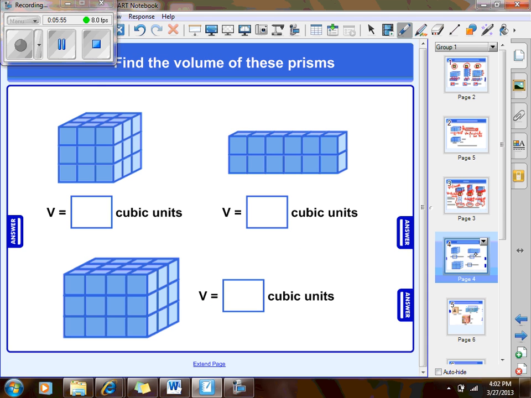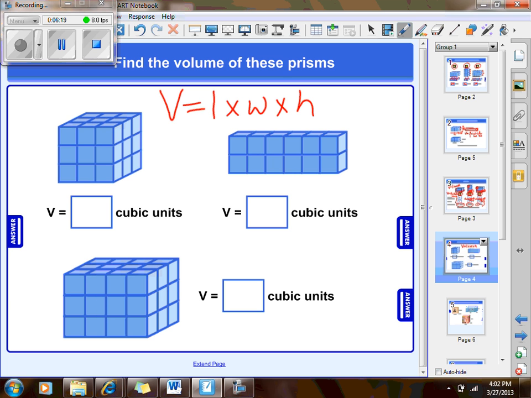Practice yourself. Pause me now and work on these and see if you can come up with the correct answers. Okay, welcome back. I'm going to go through them quickly. Remember, volume equals length times width times height.